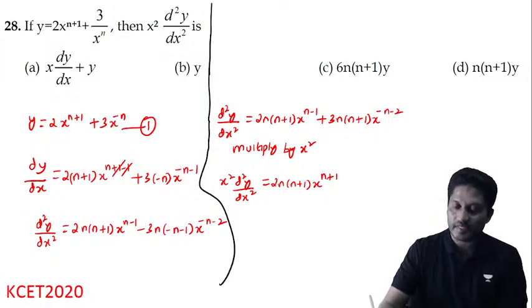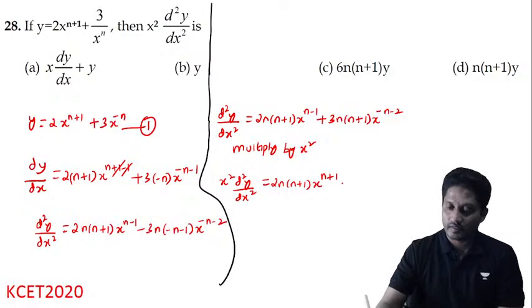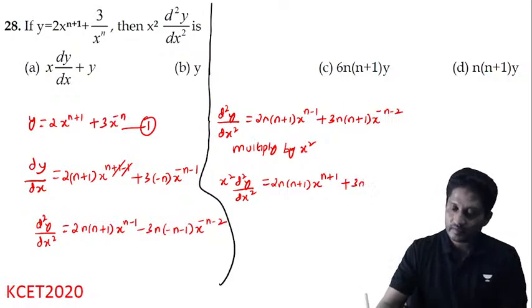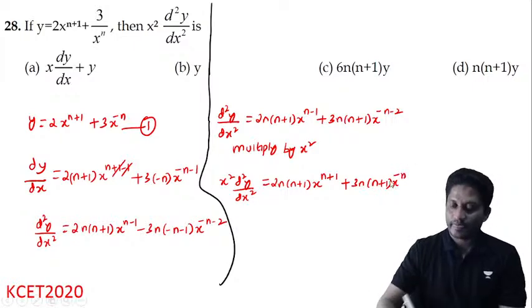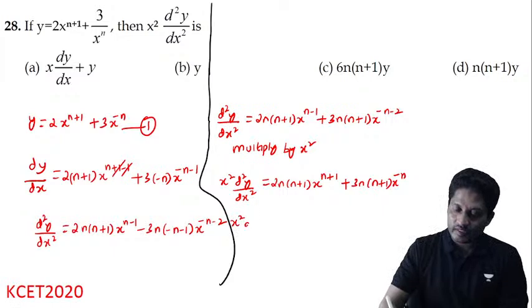Add the powers: n minus 1 plus 2 will be n plus 1, plus 3n into n plus 1 and x to the power of minus n.